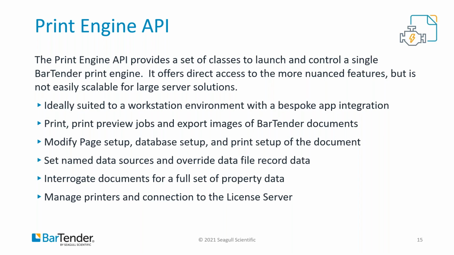You can interrogate the document to get a full set of property information about that document. And you can also manage printers and the connection with the license server using the Print Engine API. So there's a lot of functionality you can dig into just with the one instance of a BarTender print engine.